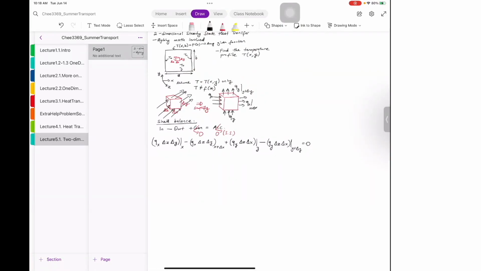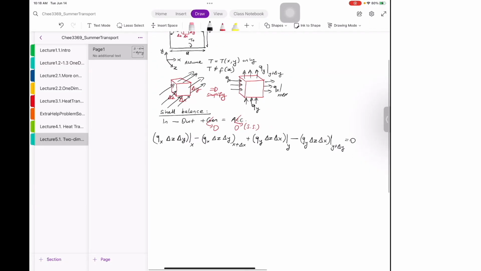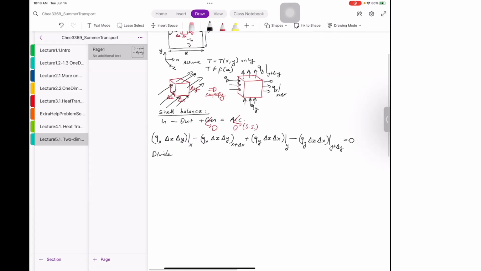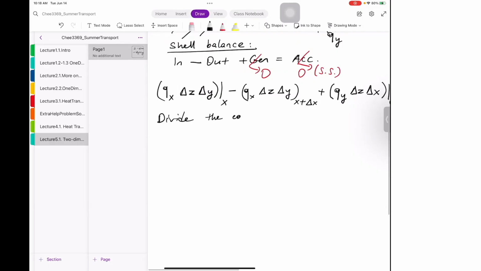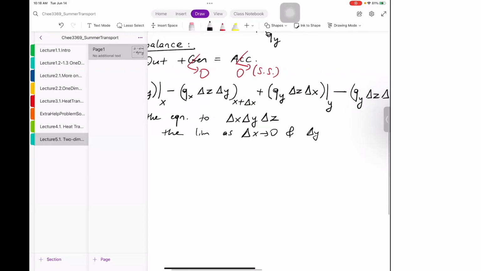So that's the equation. But we need to convert it into a differential equation to be able to solve. The idea is to divide the equation by delta x times delta y times delta z, and take the limit as delta x goes to 0 and delta y goes to 0.